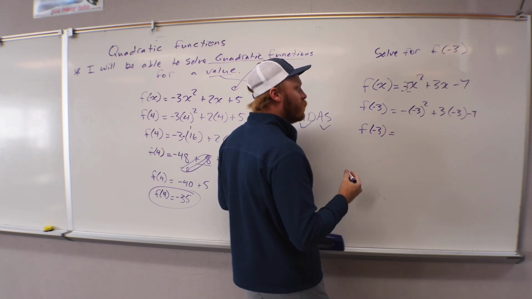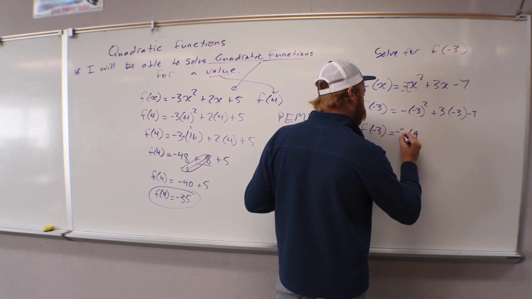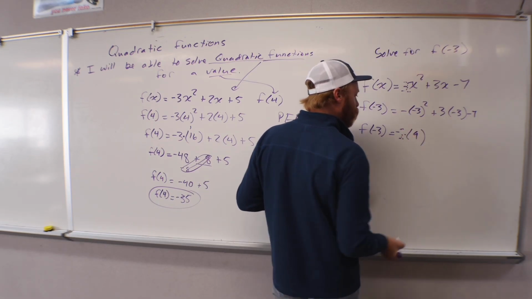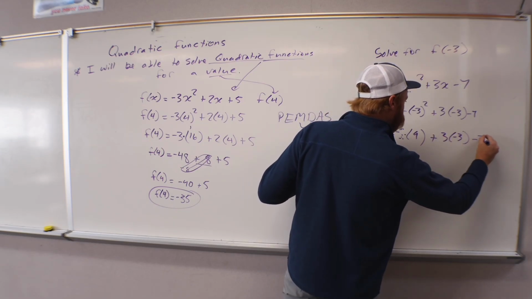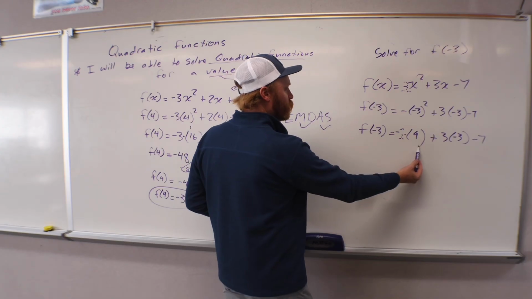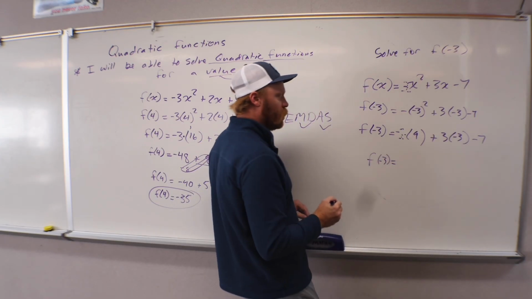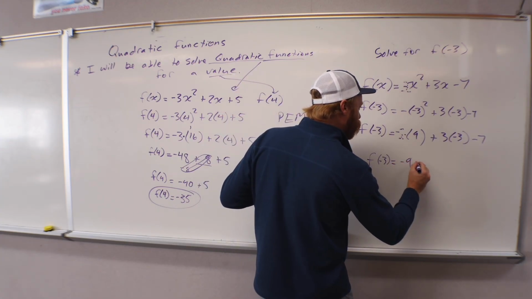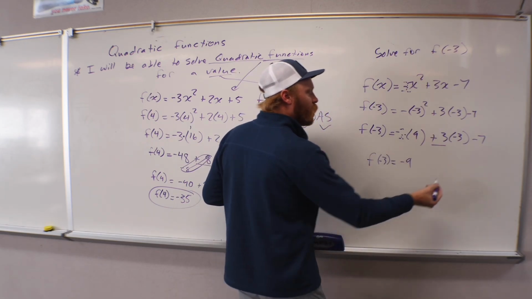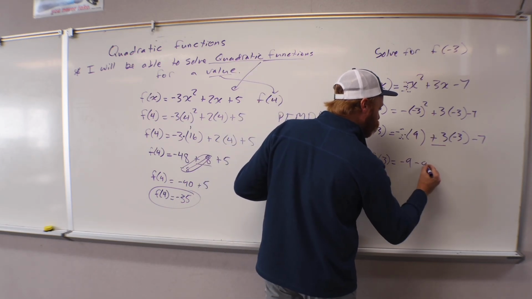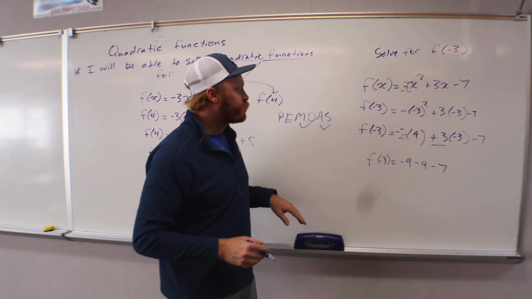Negative 3 times negative 3 is going to be positive 9. And then we're thinking essentially that we're multiplying that positive 9 by that negative 1 on this next step. All right, negative 1 times that positive 9, so we're going to get f of negative 3 is going to equal negative 9, positive 3, it carries the sign in front, times negative 3 is going to be a negative 9 or minus 9. And we're going to get minus 7.